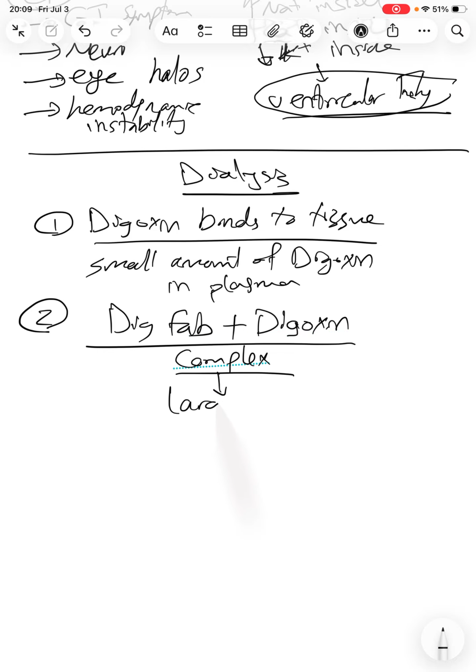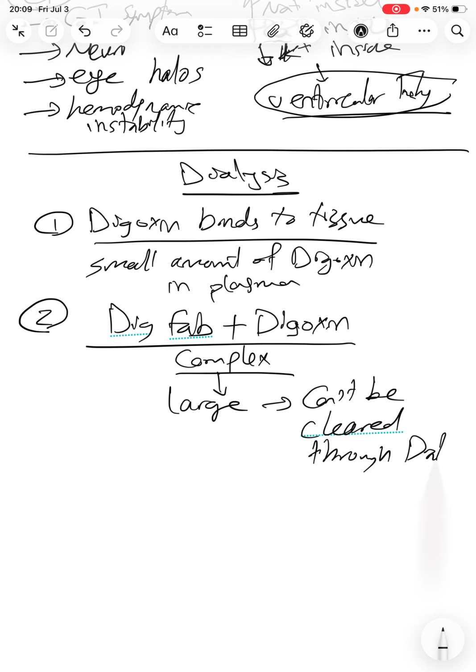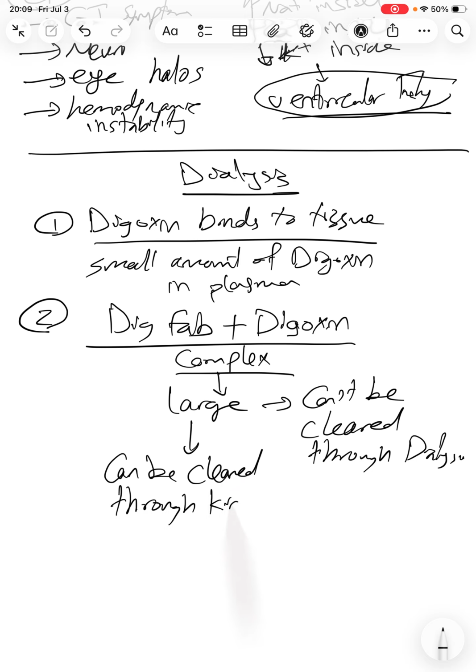This complex is very large and cannot be cleared through dialysis, but it can be cleared through the kidneys. So if your kidneys are working fine, they will take care of that and get the digoxin Dig Fab complex outside, but a dialysis machine doesn't do that.